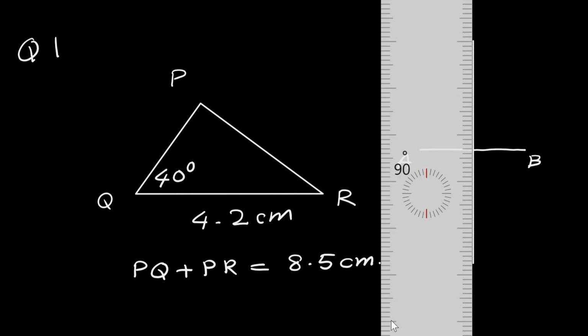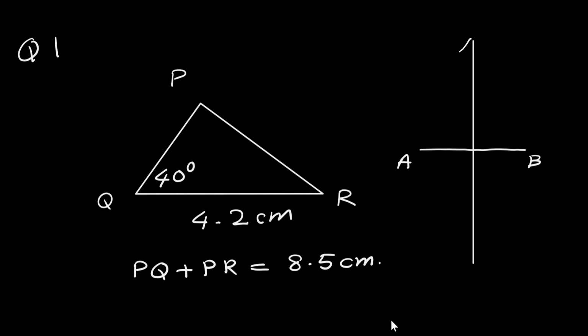So if L is the perpendicular bisector of segment AB, and if P is any point on line L, then PA is equal to PB.